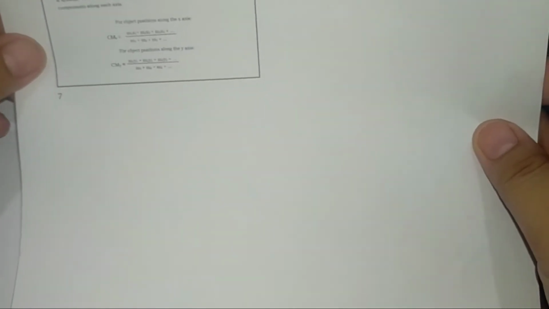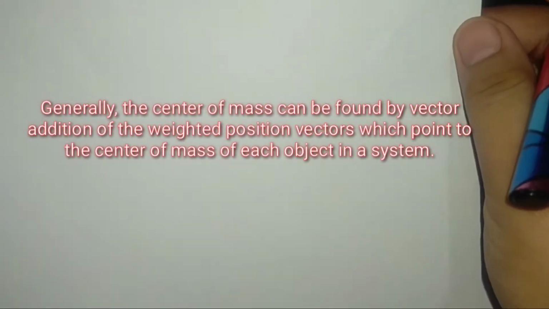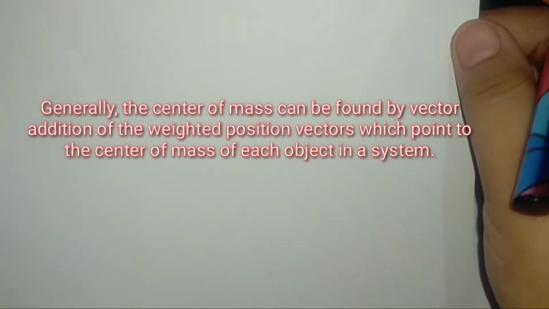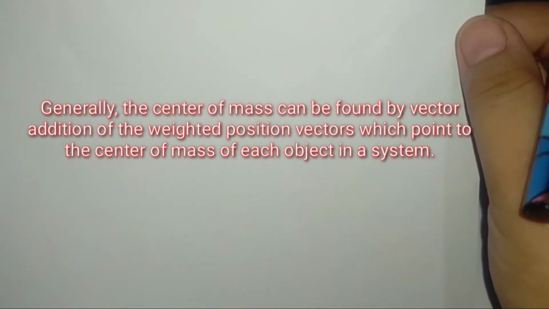But in this part, we have different formulas in finding the center of mass of different objects. Generally, the center of mass can be found by vector addition of the weighted position vectors which point to the center of mass of each object in a system.